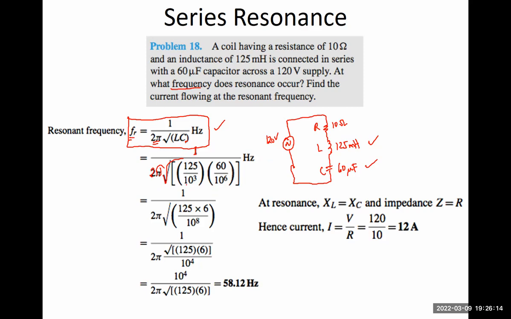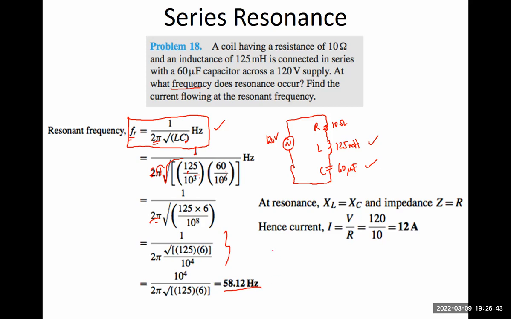So this is also the same as 125 times 10 to the negative 3 multiplied by 60 microfarad. So this is also the same as 60 times 10 to the negative 6. And then we just multiply them, take the square root, multiply it by 2 pi, and then get the inverse. And now we will have a value of 58.12 hertz.